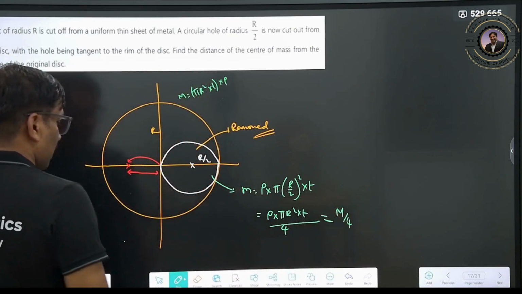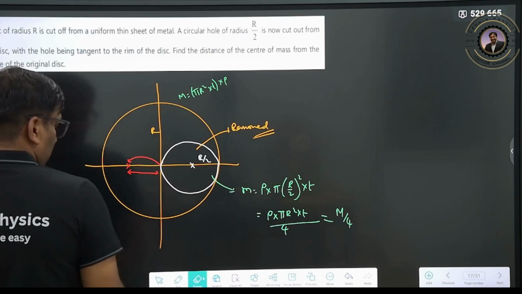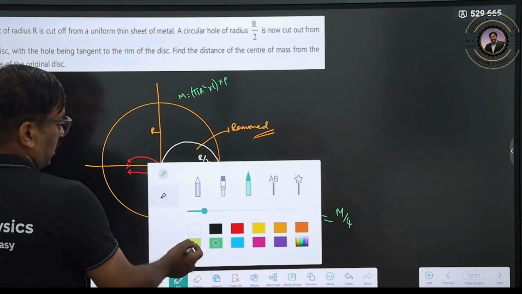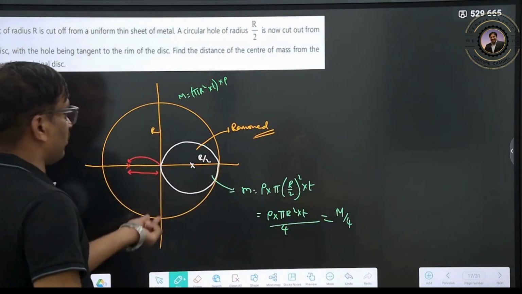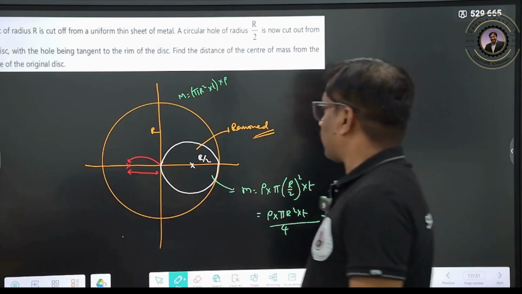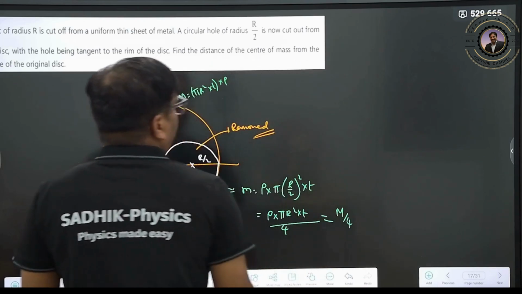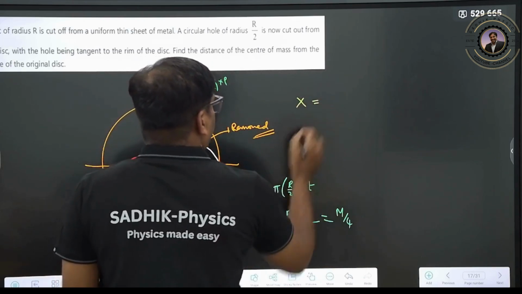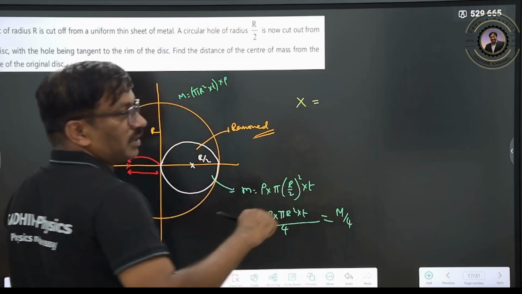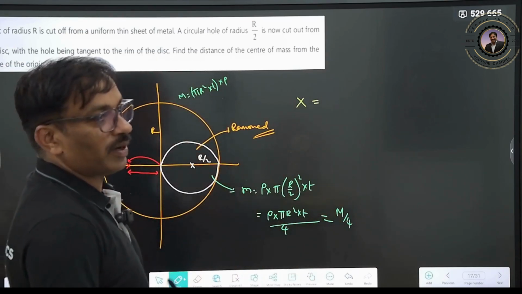So how to calculate the center of mass now? Since the part is removed, we have to subtract it. The center of mass is m1 x1 plus m2 x2 by m1 plus m2.